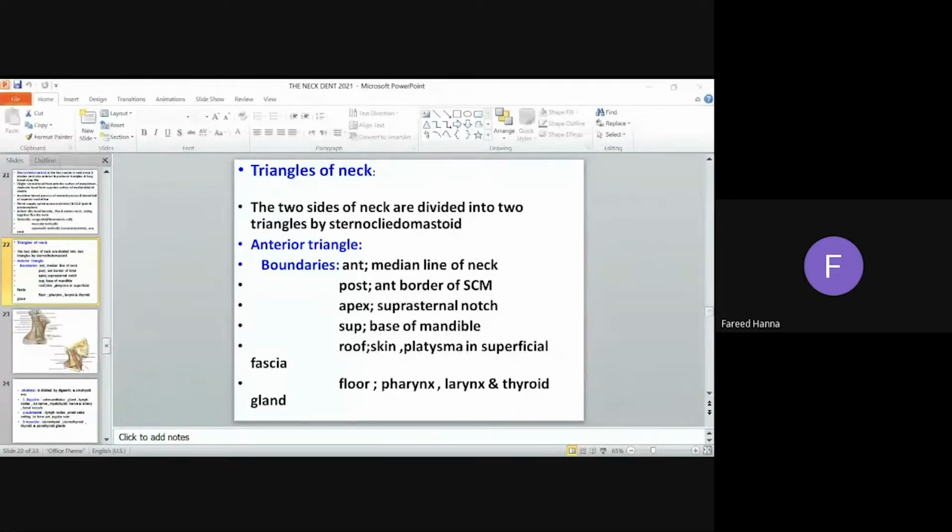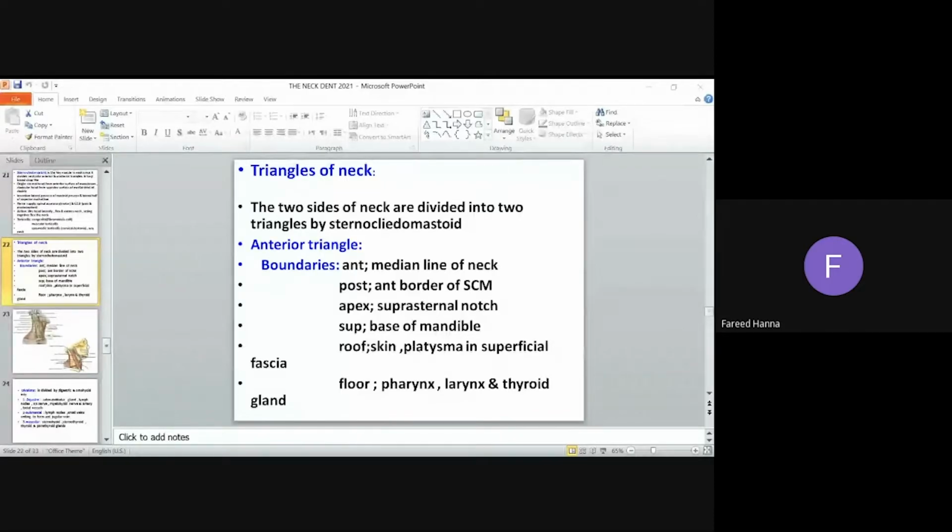So again, here is the anterior triangle: base of the mandible, anterior median line, anterior border of sternocleidomastoid muscle. It's covered with skin, superficial fascia containing the platysma, and investing layer of deep cervical fascia.